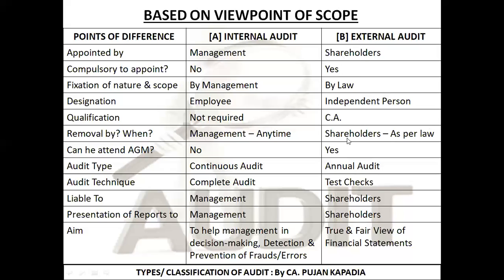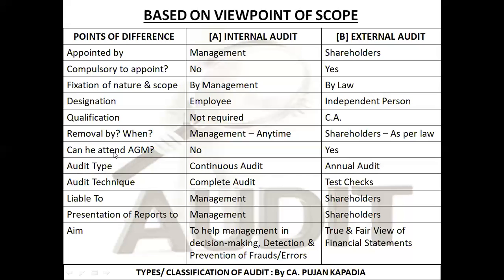Only shareholders can remove them. But they can remove them only as per law. They cannot go above law. They can do only the things that are permissible under that particular law. So if Companies Act says that an auditor can be removed only after 5 years, then shareholders cannot remove them in between. There are certain prescriptions given in the law and you need to follow those rules.